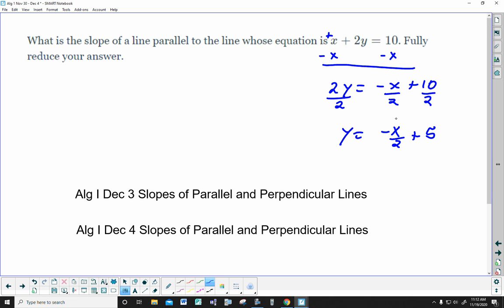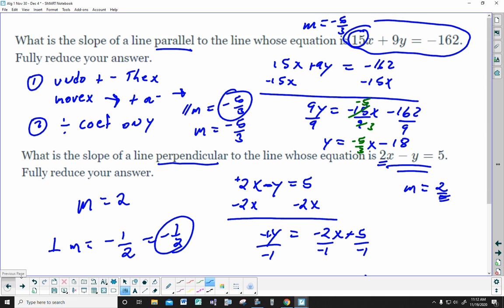Now, in this previous problem, the number in front of the y was a negative y. There was really a 1 there. It's a negative 1. It was written as negative y equals negative 2x plus 5.